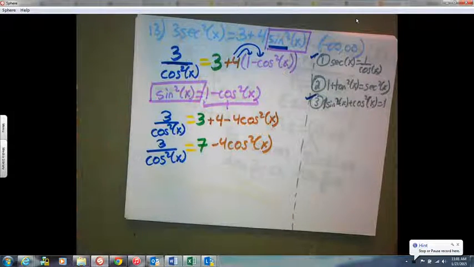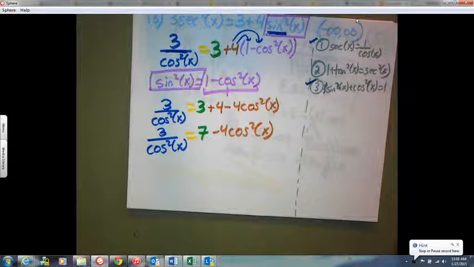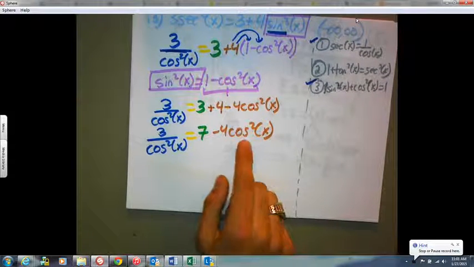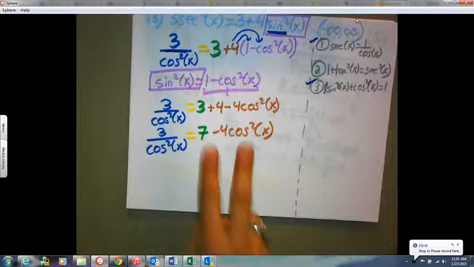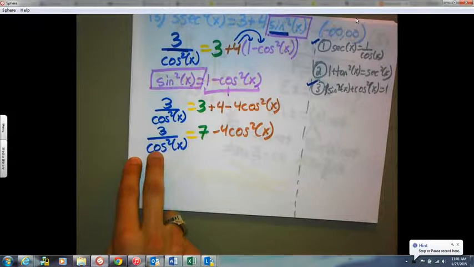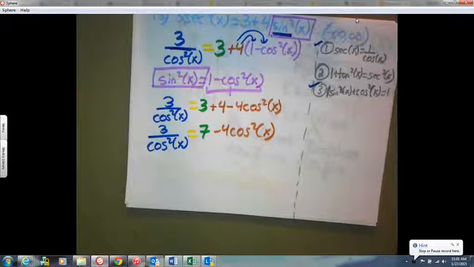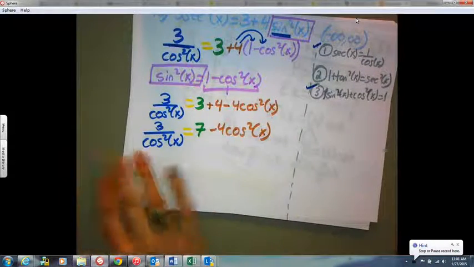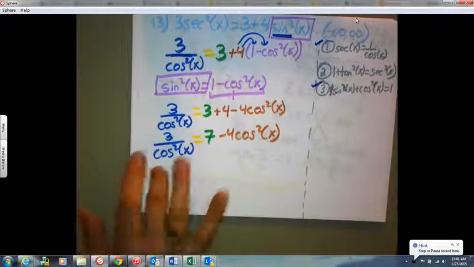So here we are. Now I'm going to just minus everything onto one side. You can pick: you can move both of these over here, or you can move this over there. It's totally your choice. I like having everything on the left side, so I'm going to move these two over to here. Go ahead and do that now.